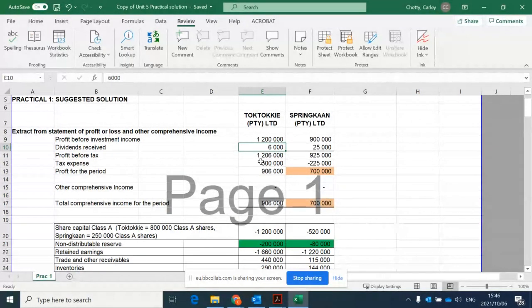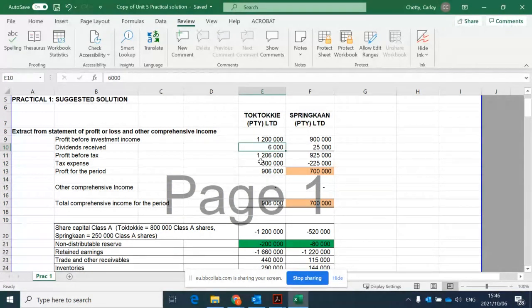So if TalkTalkie received dividends of 6,000 Rand, and you know that this all came from Spring Khan, how do we calculate the total dividend paid? So you know that if there was a dividend declared and paid by Spring Khan, only 60% of that dividend would go to TalkTalkie and 40% would go to the non-controlling interest.